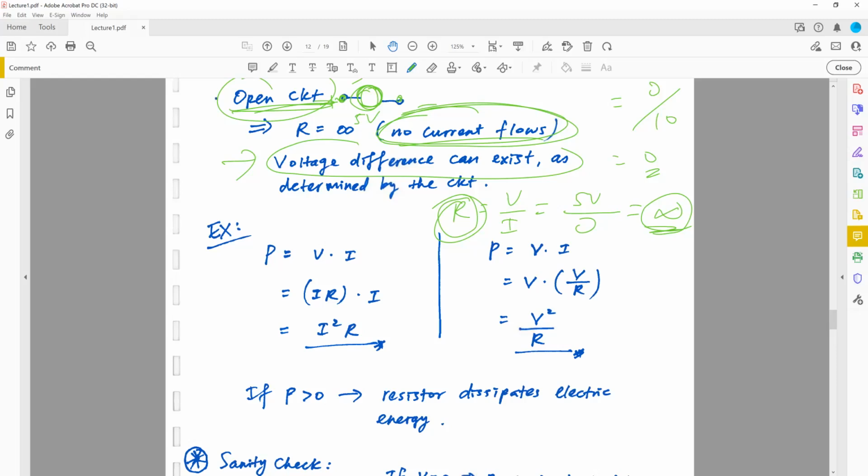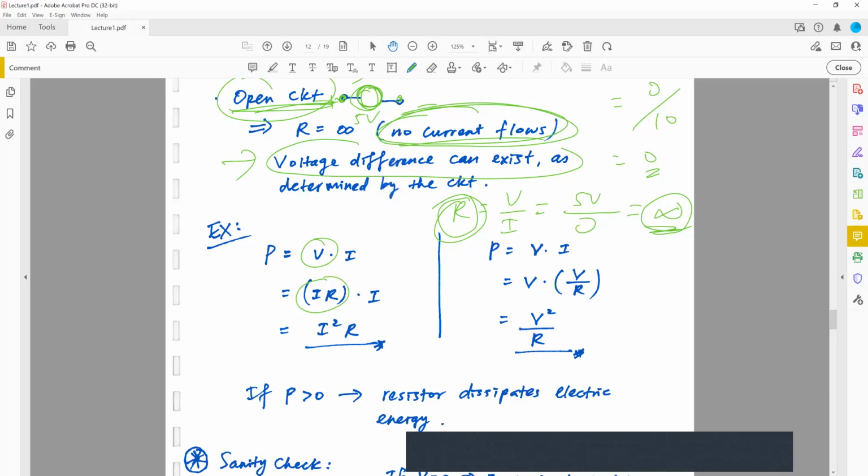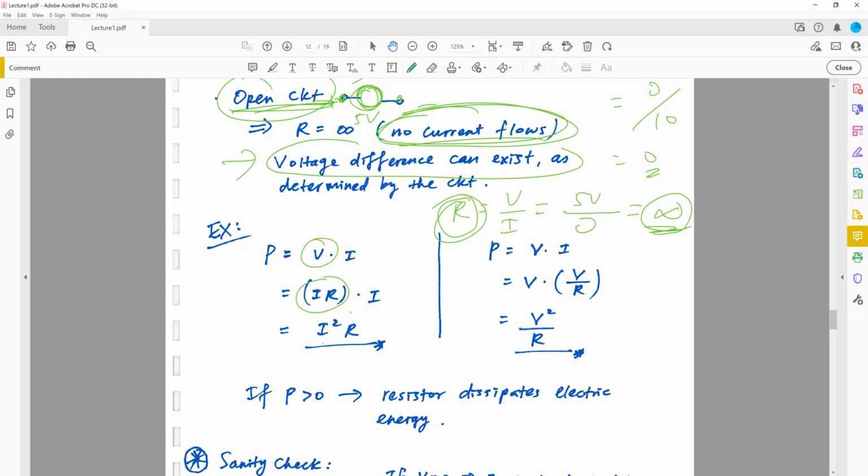So we know that P is equal to V times I or I times V. Since V from Ohm's law is equal to I times R, then this P is simply I squared times R. Alternatively, instead of using I times R to denote your V, you can use V over R to denote your I. So now you have V times V over R, so now you have V squared over R. So V squared over R or I squared times R, depending on what you're given.